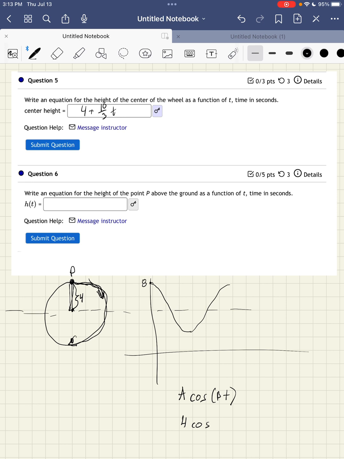Then the B here, we have to figure out the period, and to help us find what B is, we have to make sure that our T is in seconds. This B is going to be related to the period.